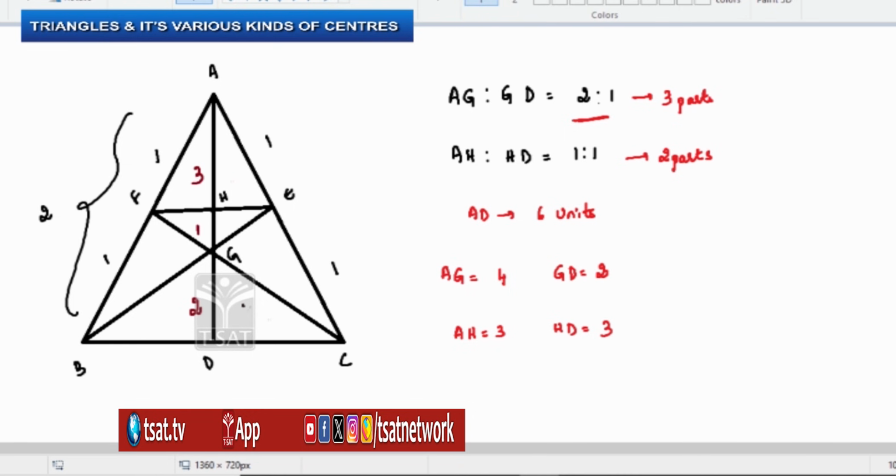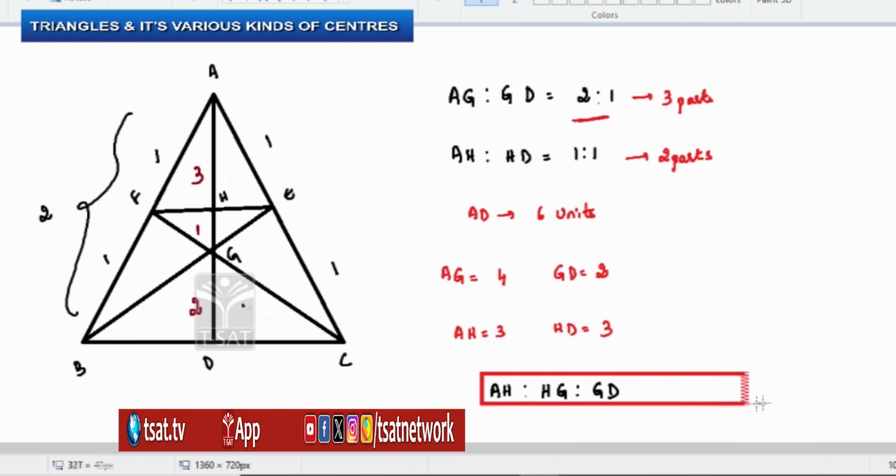So finally, we get the ratio AH:HG:GD equal to 3:1:2.